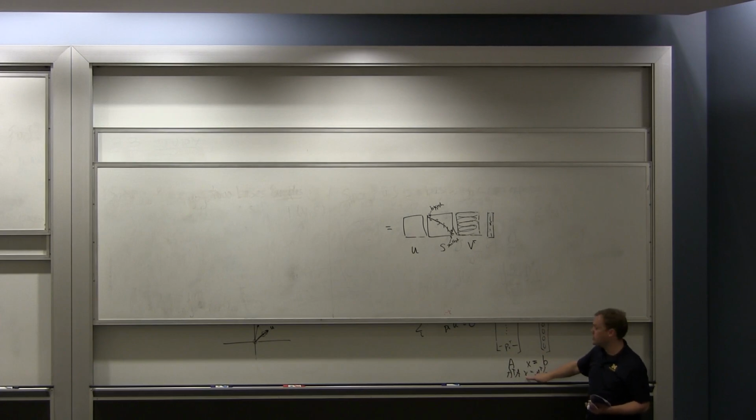We want these things to be as close to 0 as possible, so we want the product A^T A x to be as short in length as we can possibly manage.